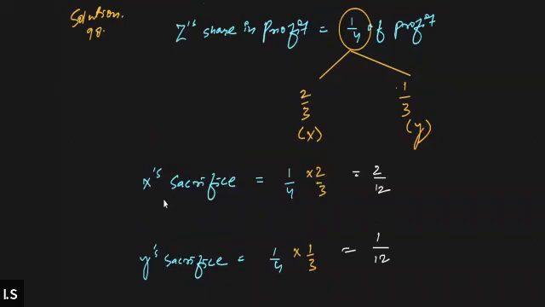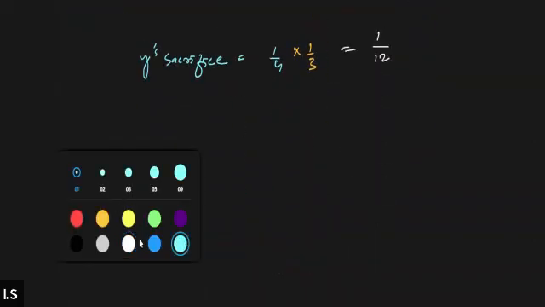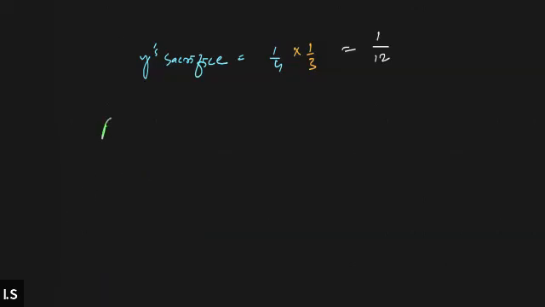Now we will be able to determine the new profit sharing ratio for X and Y, and for that purpose we'll write it this way: 3/5 minus 2/12.